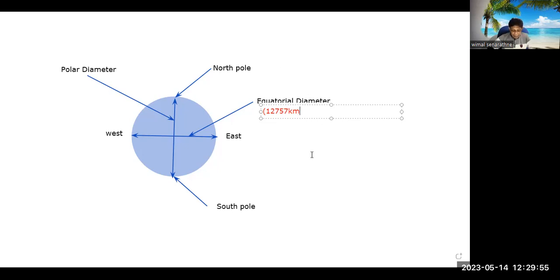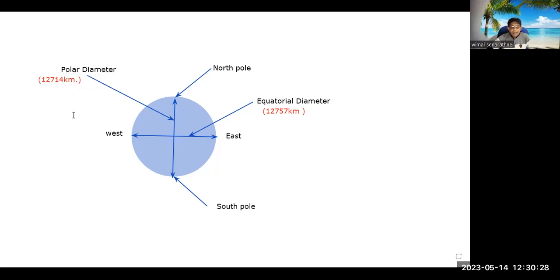And now remember, it is the length of the equatorial diameter of the earth, right? Then polar diameter of the earth is 12,714 kilometers, right?